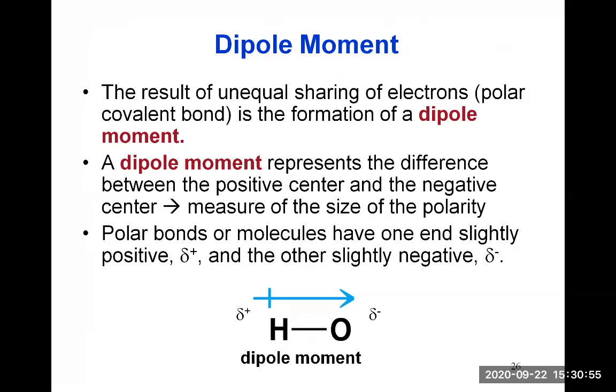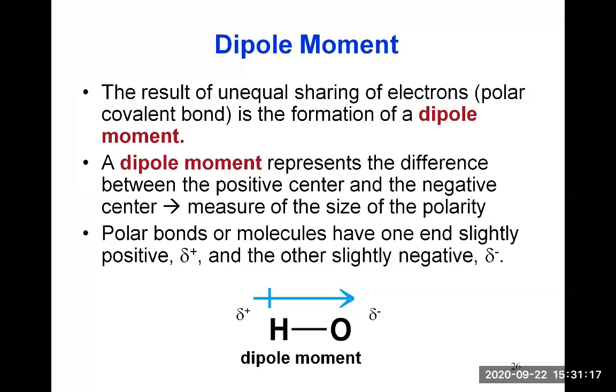So polar bonds like the OH bond or polar molecules have one end slightly positive and the other end slightly negative. And so when you represent the dipole moment with an arrow, the arrow has a positive sign on one end. That's where you would have the delta plus partial charge.